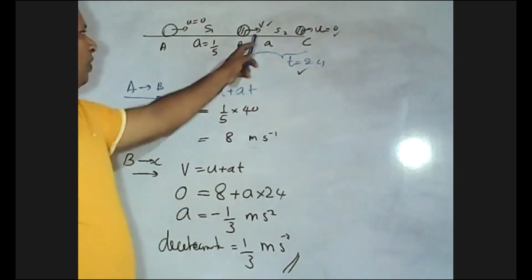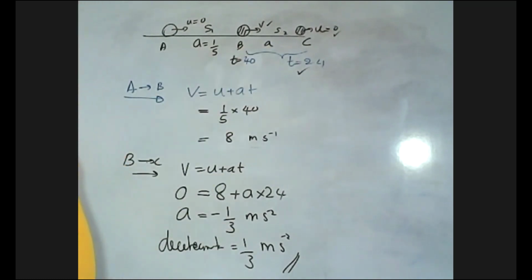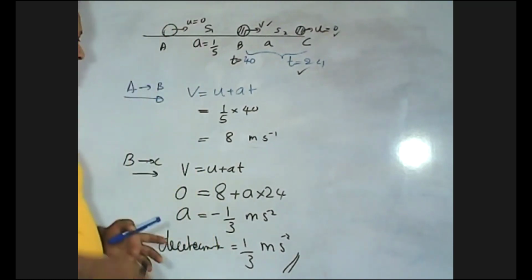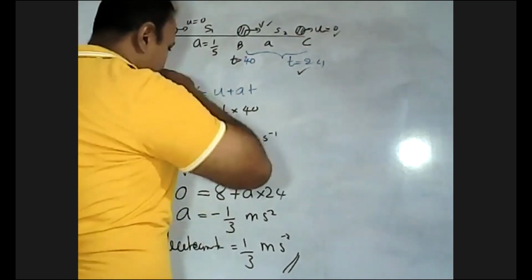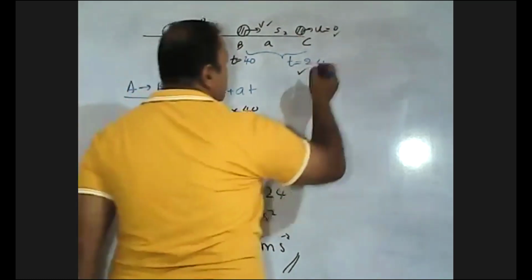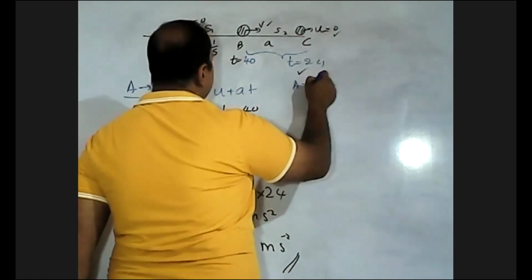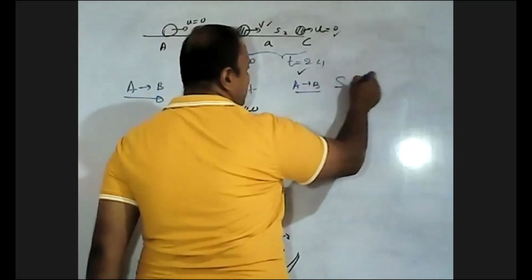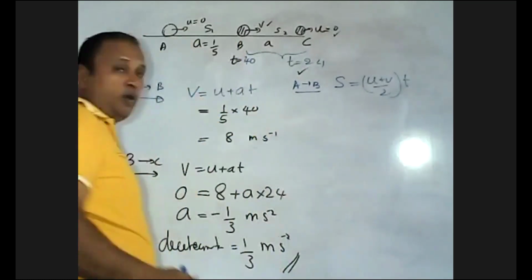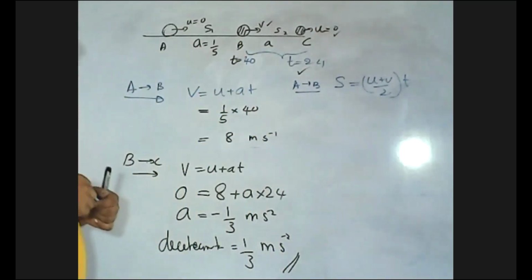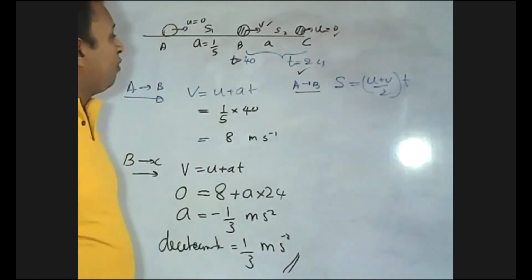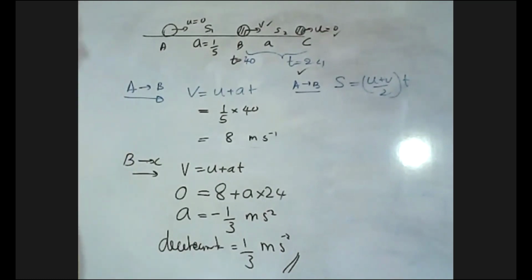Now you know the acceleration, time, U and V, and you have to find S1 and S2. You can find S1 from A to B. From A to B, I can use S equal U plus V over 2 times T. Because U is equal to 0 and you know the time, that is very easy.